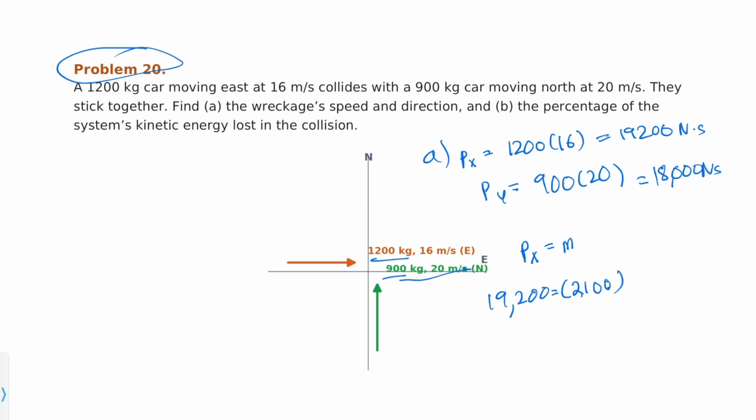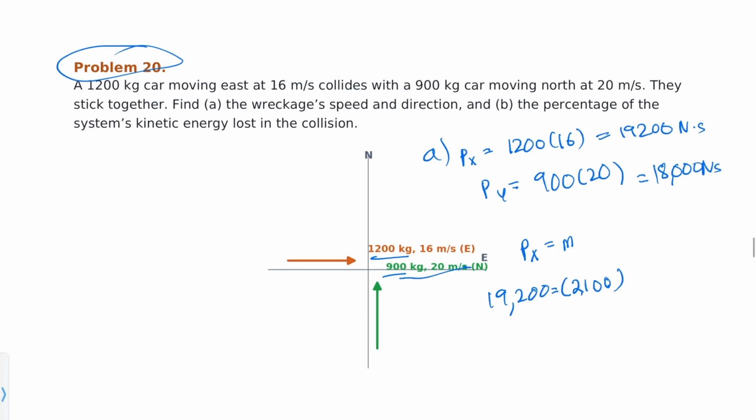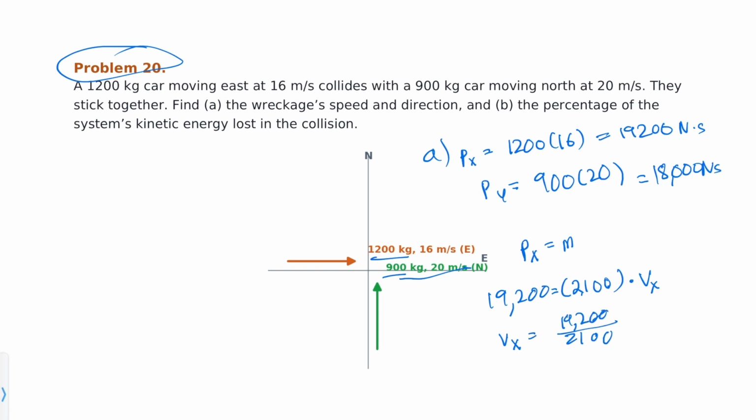Because it's an inelastic collision, they stick as one great mass times velocity x. Velocity x is equal to 19,200 over 2100. Both of these zeros go away. 192 divided by 21 is about 9.143 meters per second.